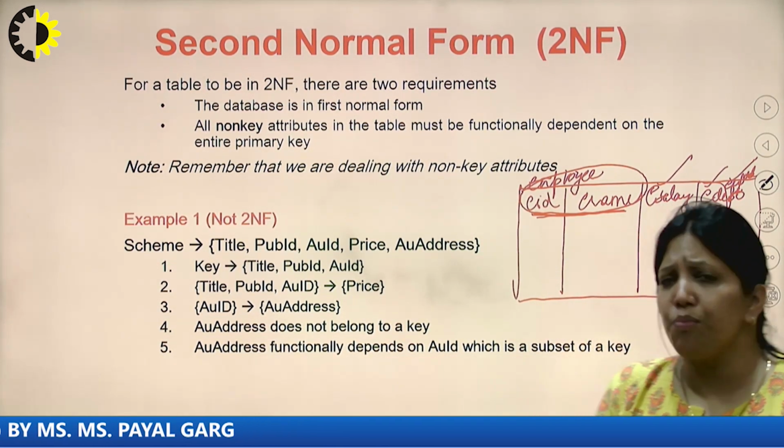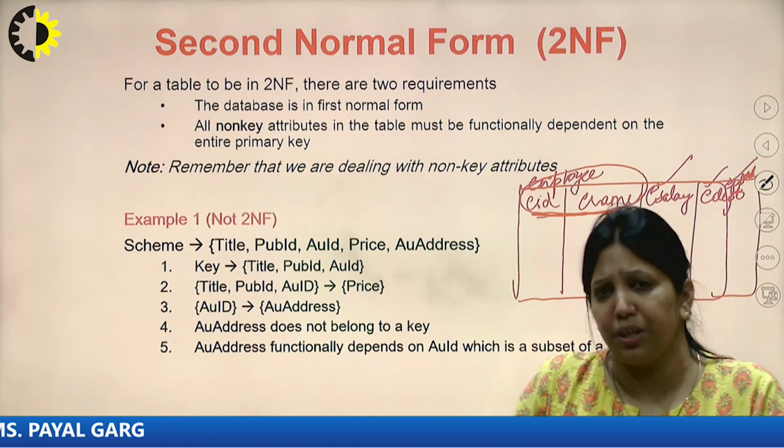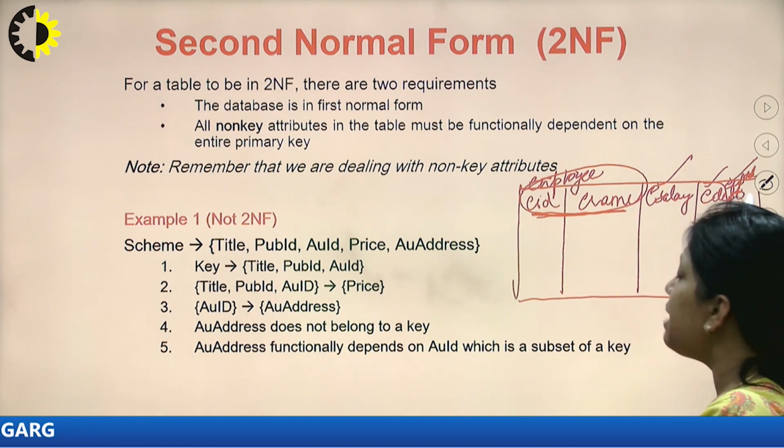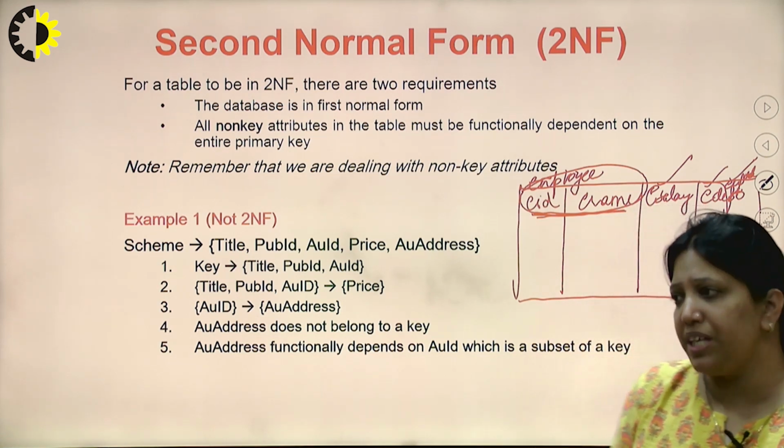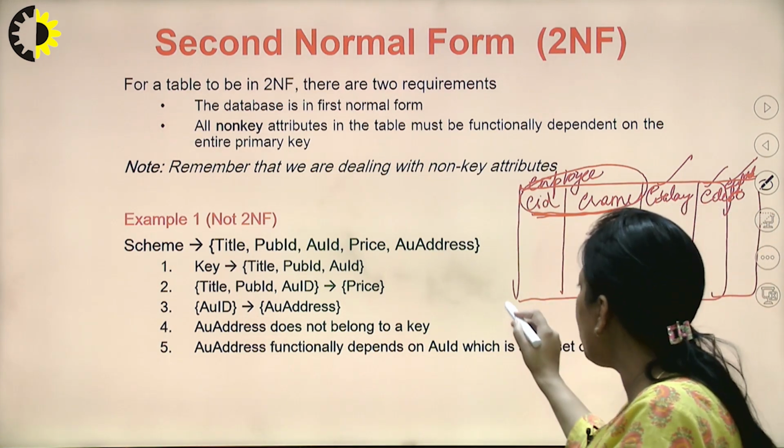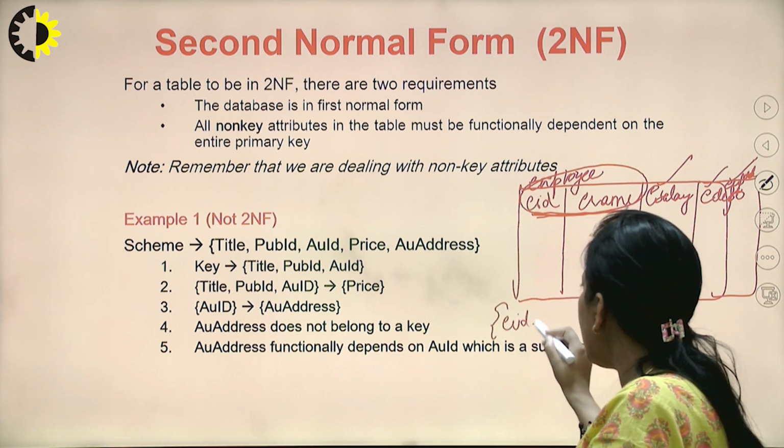So the second normal form depends on the non-prime attributes. We can say that the non-prime attributes must be fully functionally dependent on the entire primary key. The primary key of this table is employee ID and employee name.